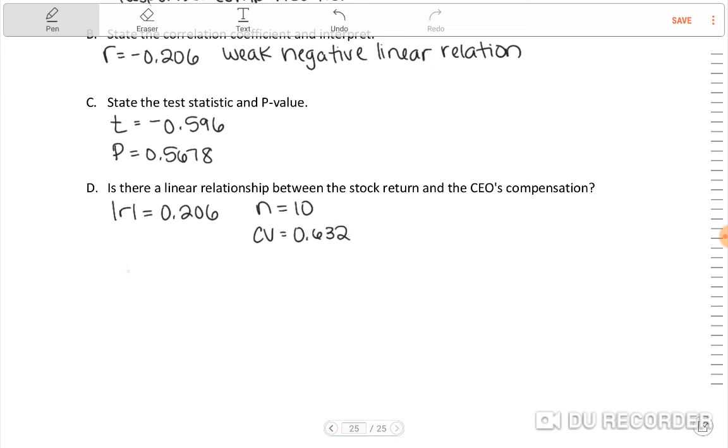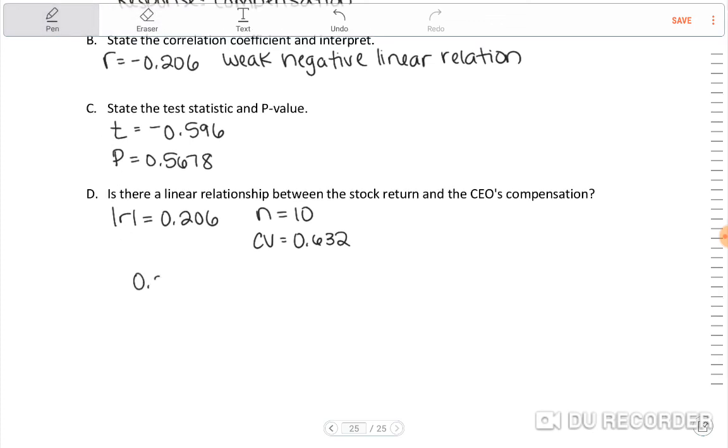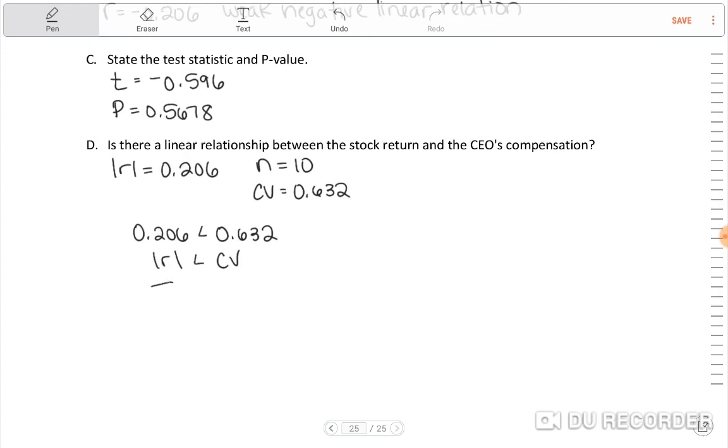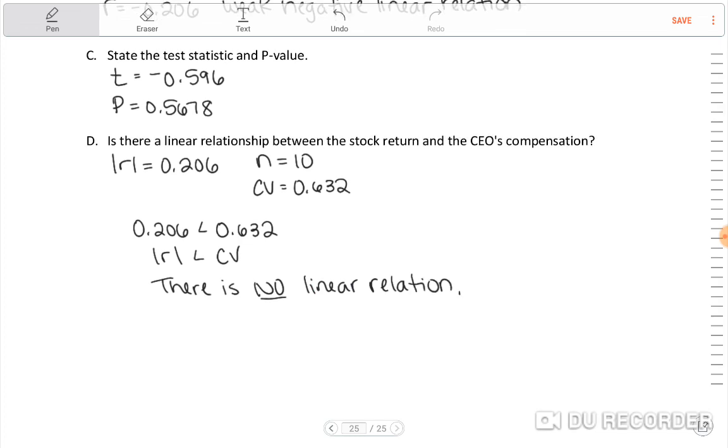Okay, so when we compare this, the absolute value of R, well, here, let me do it like this here. 0.206 is less than 0.632. And so if your absolute value of R is less than your critical value, then there is no linear relation. Okay, well, that's it.